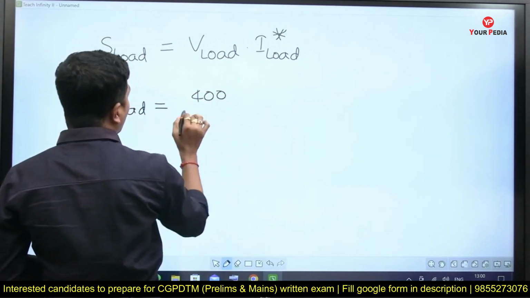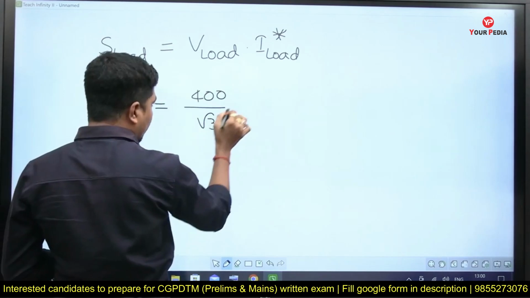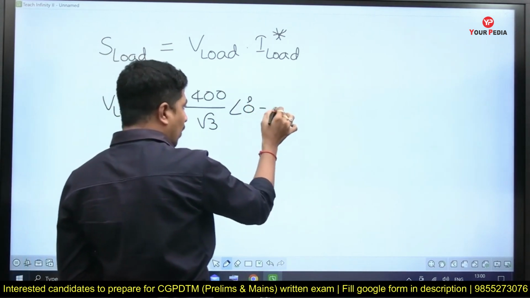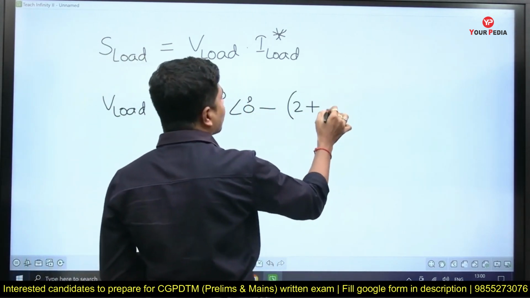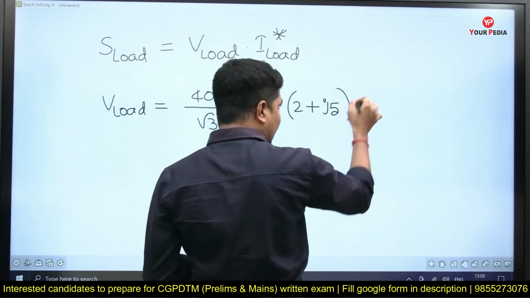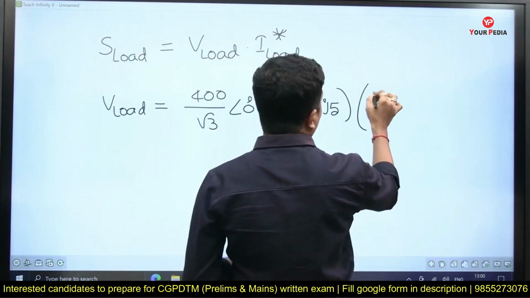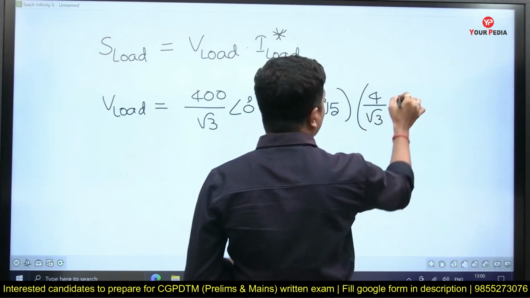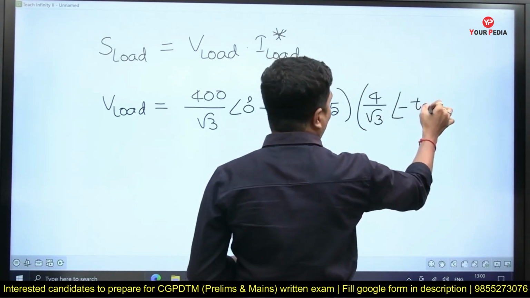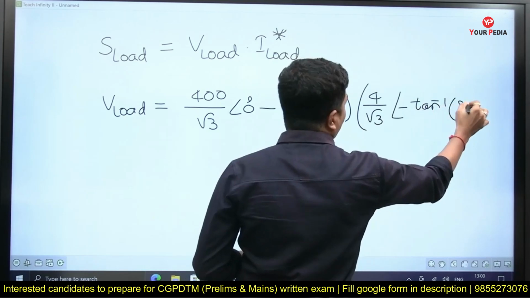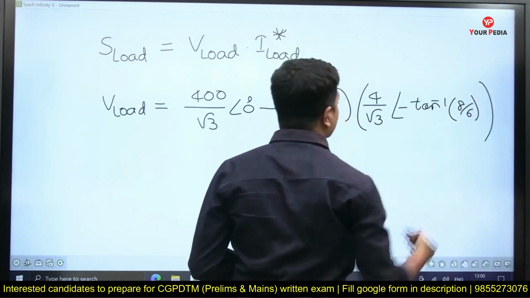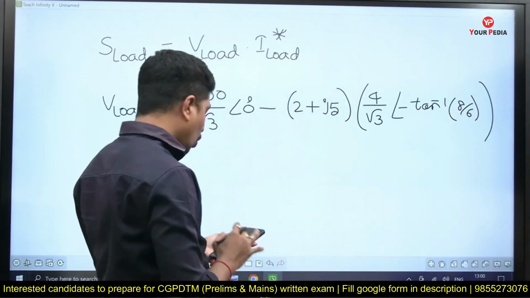How much is phase A voltage? 400 by root 3 at an angle of 0 degrees minus (2 plus j5) into the phase A current. Phase A current is how much? 4 by root 3 at an angle of minus tan inverse of 8 by 6. That will give load voltage.